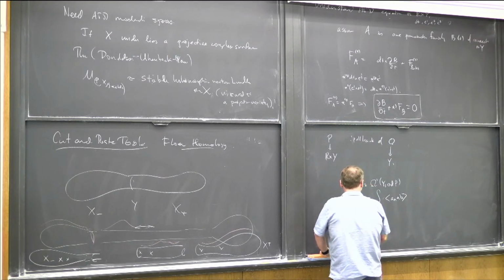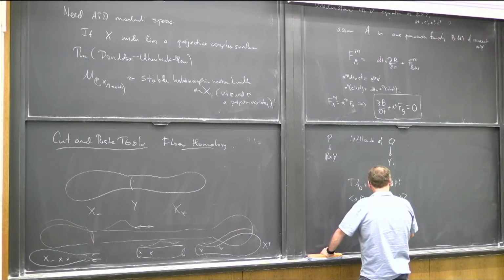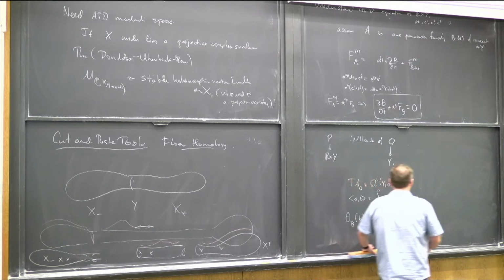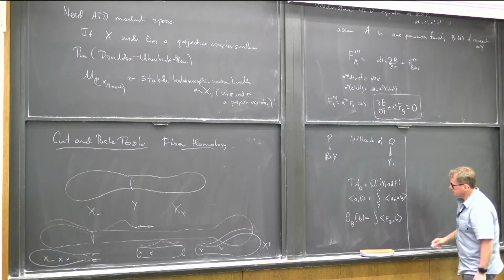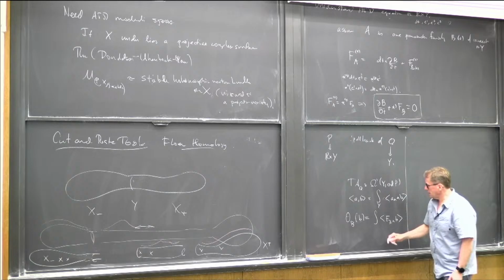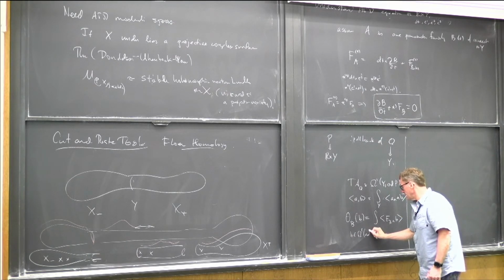The value of the one form is just the pairing of the curvature with B. And here again, B is in the tangent space.